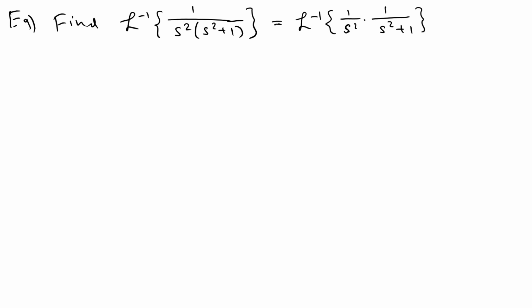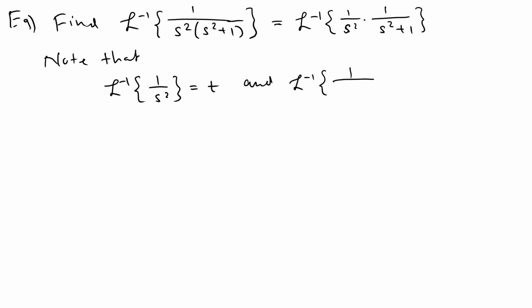So we can note that L inverse of 1 over s squared is t, that we know, and L inverse of 1 over s squared plus 1 is sine t. So we know those two functions.